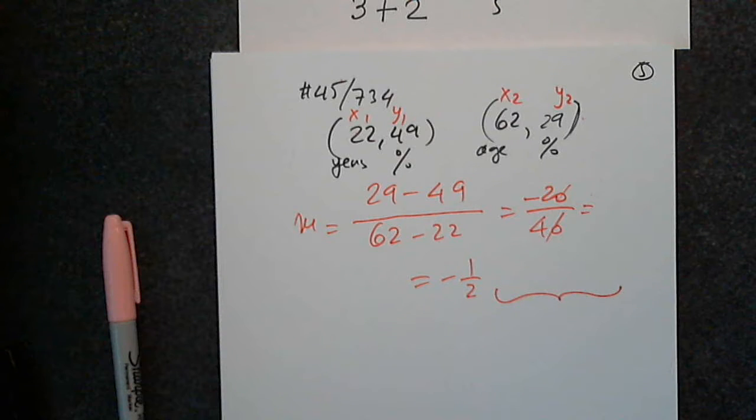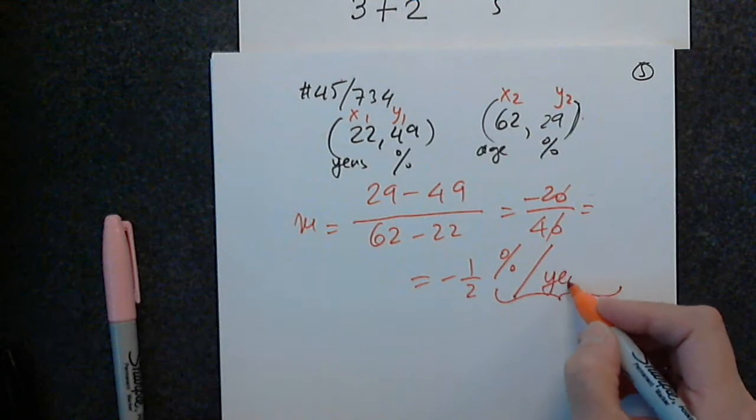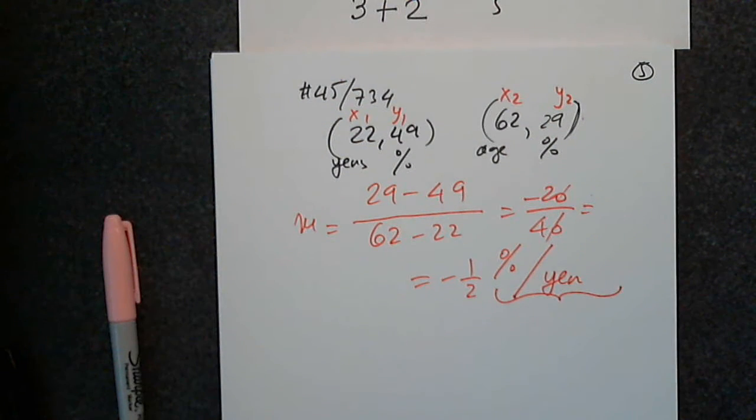Percent. What is the denominator measured in? A year. So it's indeed percent per year. Remember, the measurement unit of a slope always consists of 2 measurement units, one from the variable on top, and the other from the variable in the denominator.